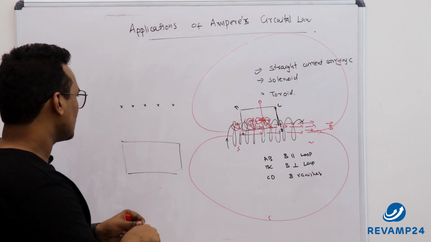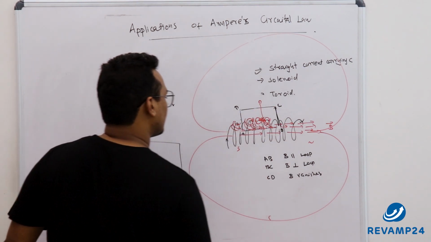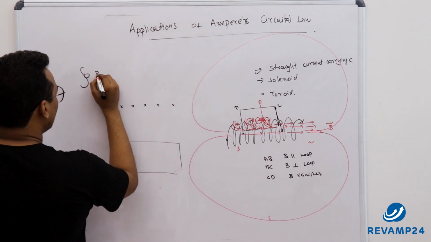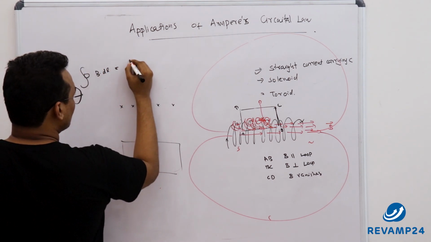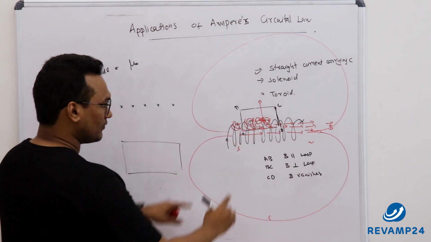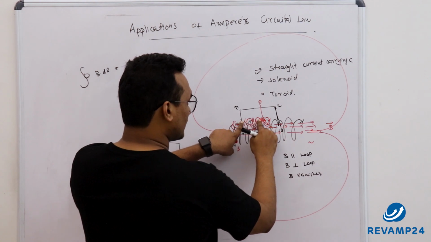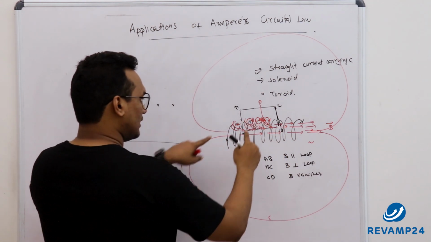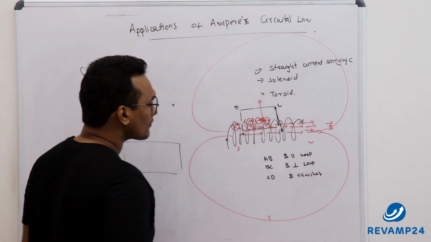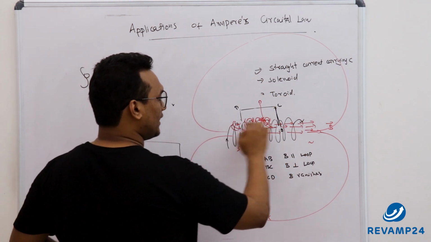Now, how can I apply Ampere's circuital theorem? The closed integral of B dot dl is equal to mu 0 into the total current passing through this. We have 1 coil, 2 coil, 3 coil, 4 coil, 5 coil. If we consider the whole solenoid, how many coils are there?